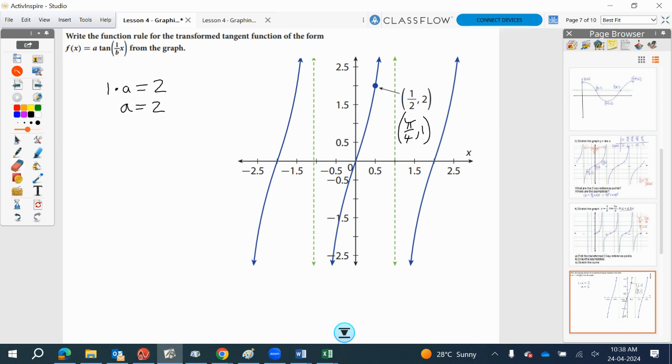So we want 1 over b times x to equal a half. So the x value. No, sorry. I'm getting all off. Why have I lost it? Our x value should be a half. This has to equal pi over 4.